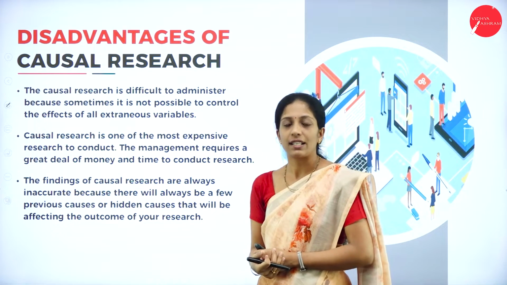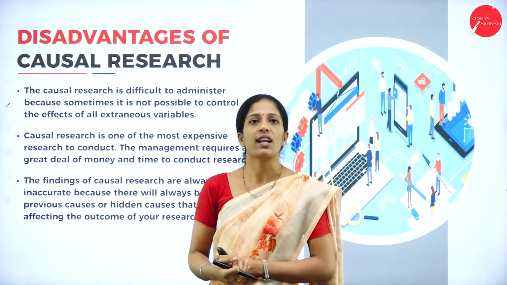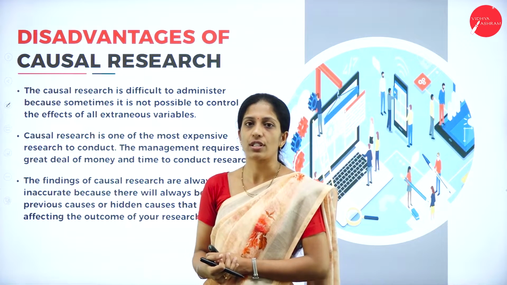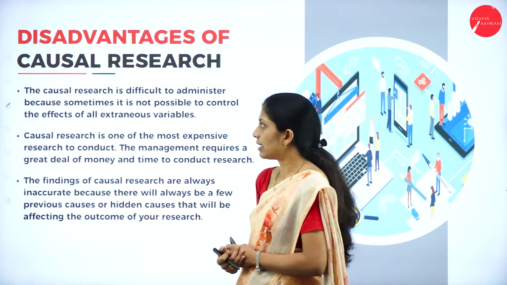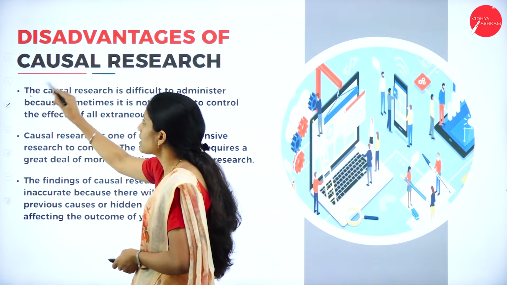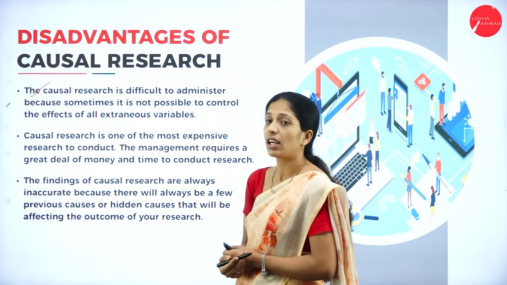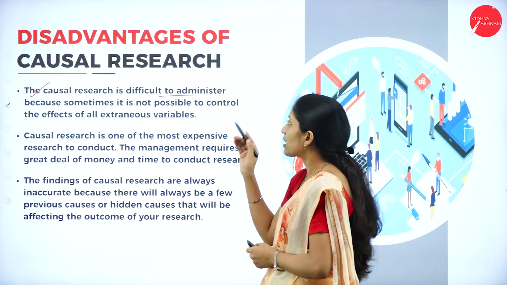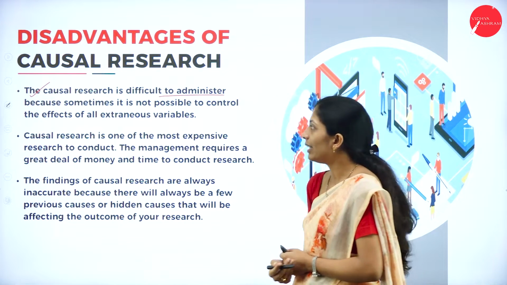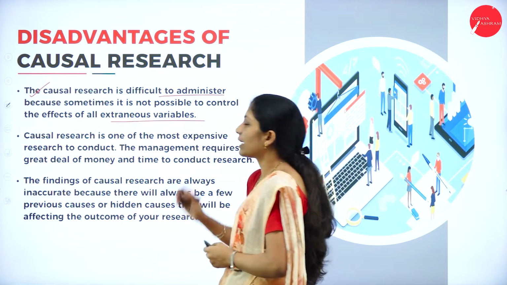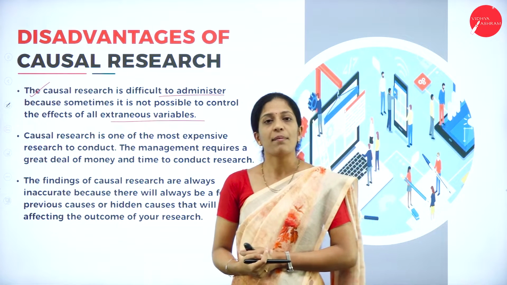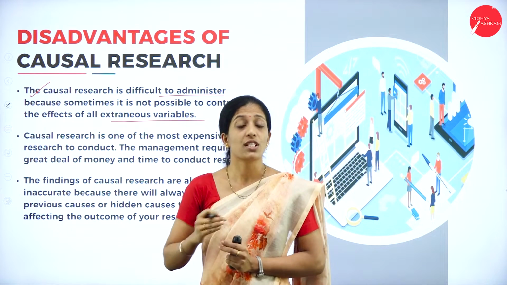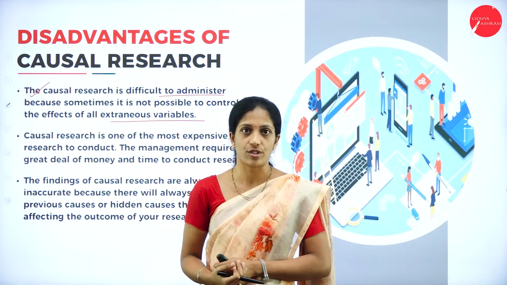Now coming to the disadvantages. Let us see what the disadvantages of causal research or experimental research are. The first one is, causal research is difficult to administer because sometimes it is not possible to control the effects of an extraneous variable. There are a number of external factors which are beyond the control of the researcher.